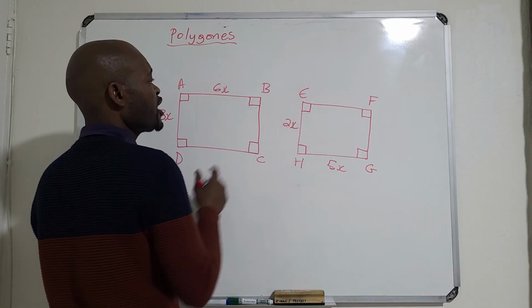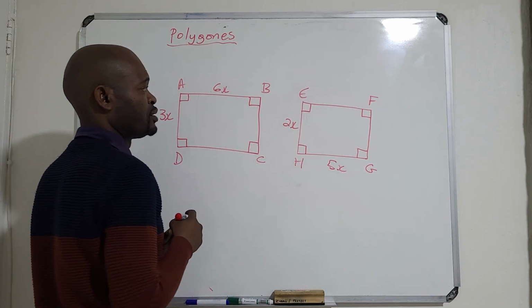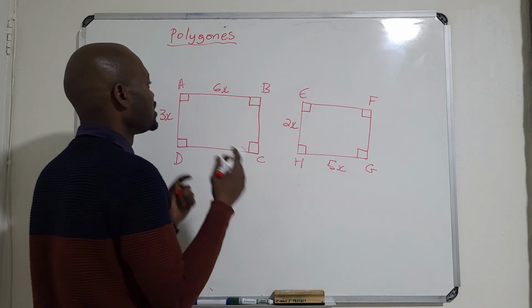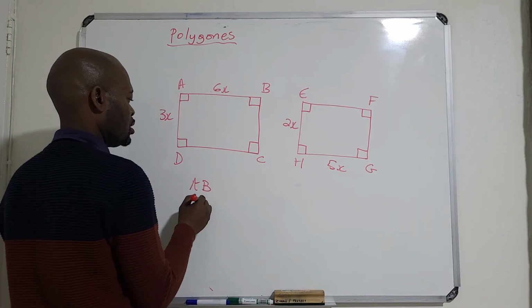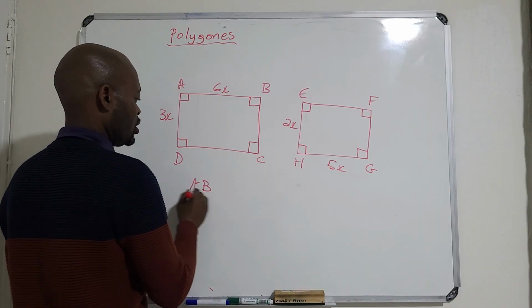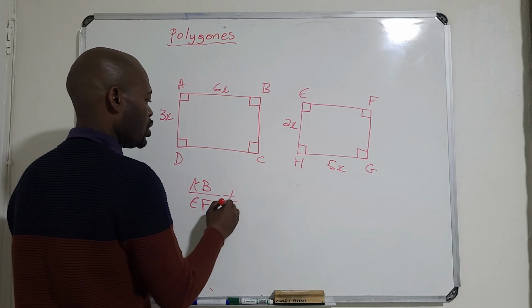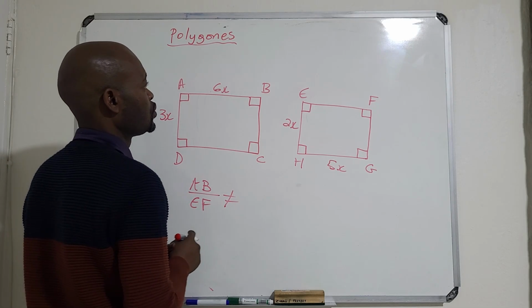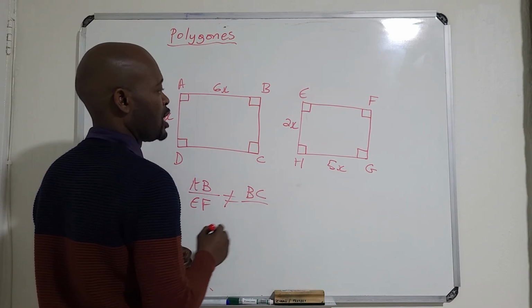These two rectangles are not similar. Yes, they have the same shape, different sizes, but they are not similar because AB over EF is not equal to BC over FG.